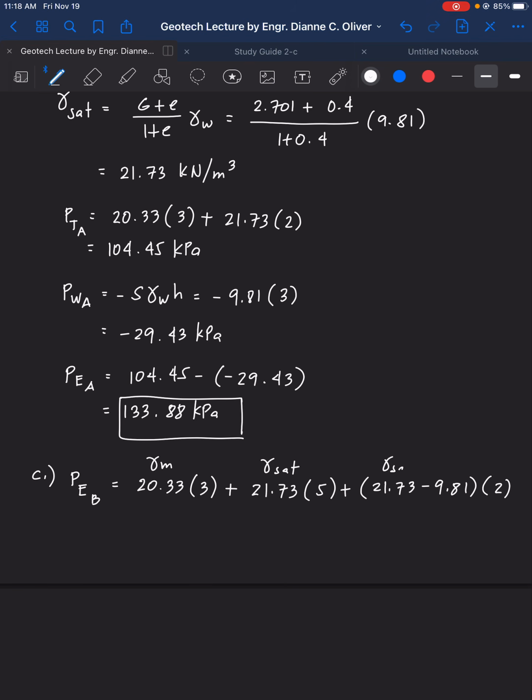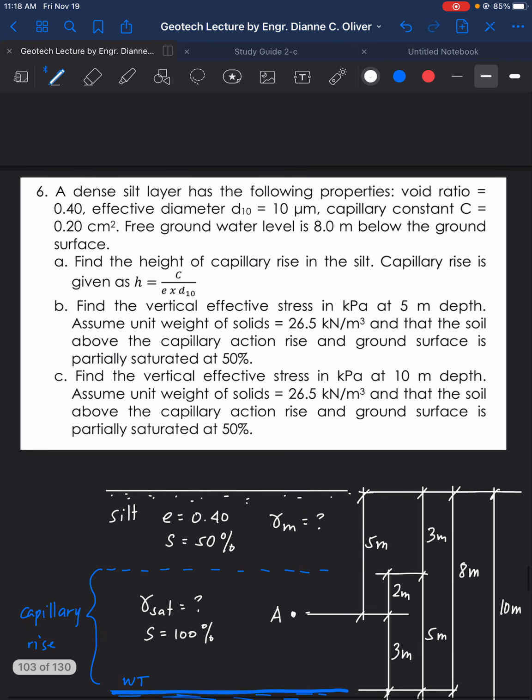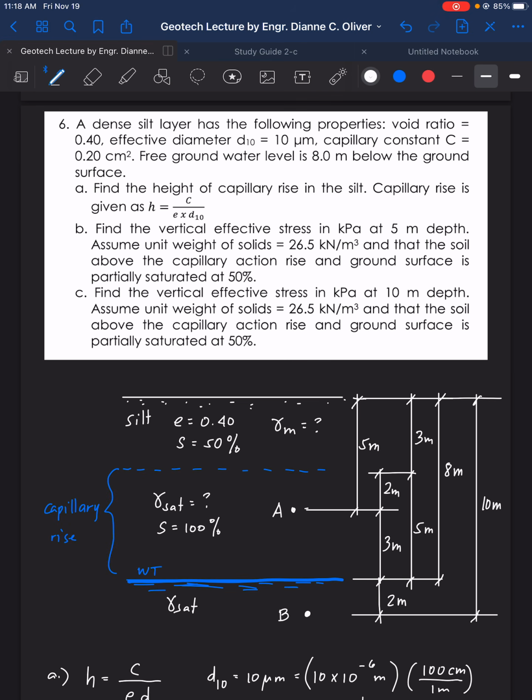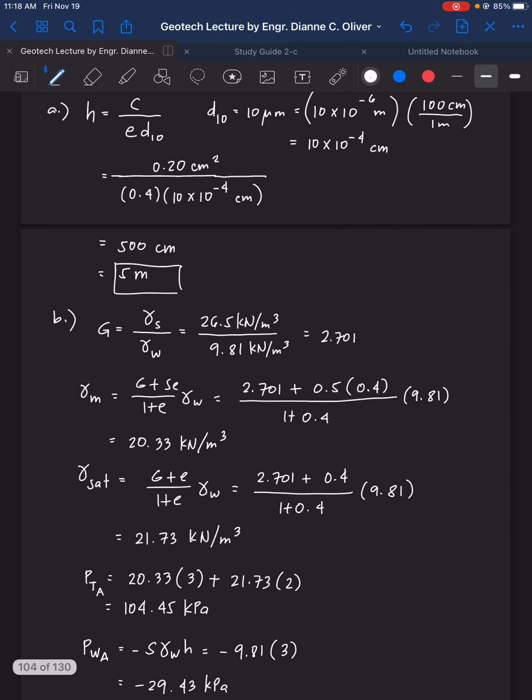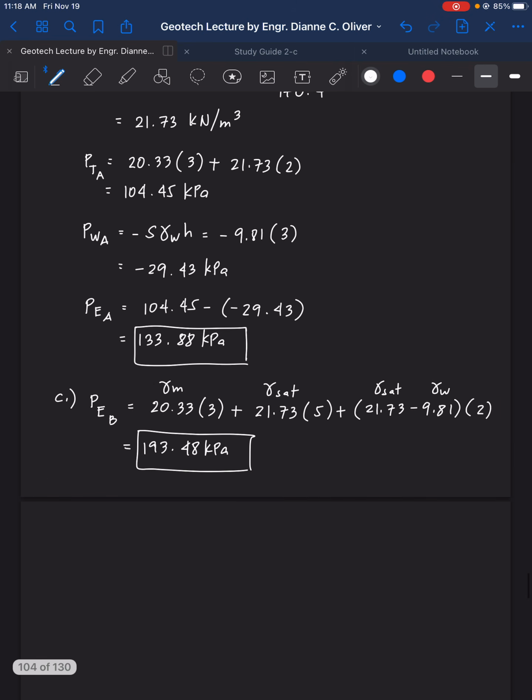So this is gamma sat and this is gamma of water. So P effective at point B is equal to 193.48 kilopascal. Okay, so that's for number 6. Get a screenshot.